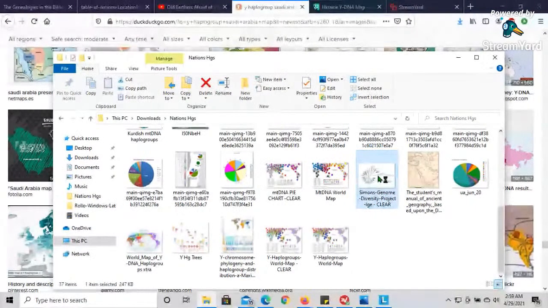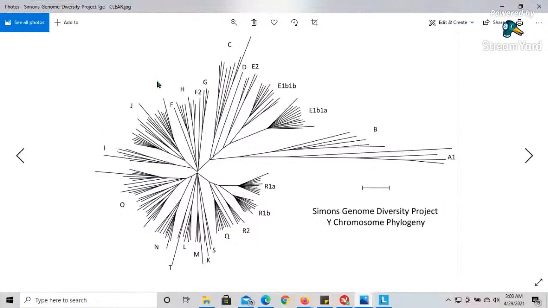Genetic distance chart is very important because it shows the J and the I belong to the same tree. The Assyrians, the F, well, the Assyrians are the G, the Syrians are the F, and the Lydians are the F2, which is a totally separate branch from the F1, F, and the H is the Dravidian, Elam Dravidians, because you have the Gypsies and the Dravidians in India.